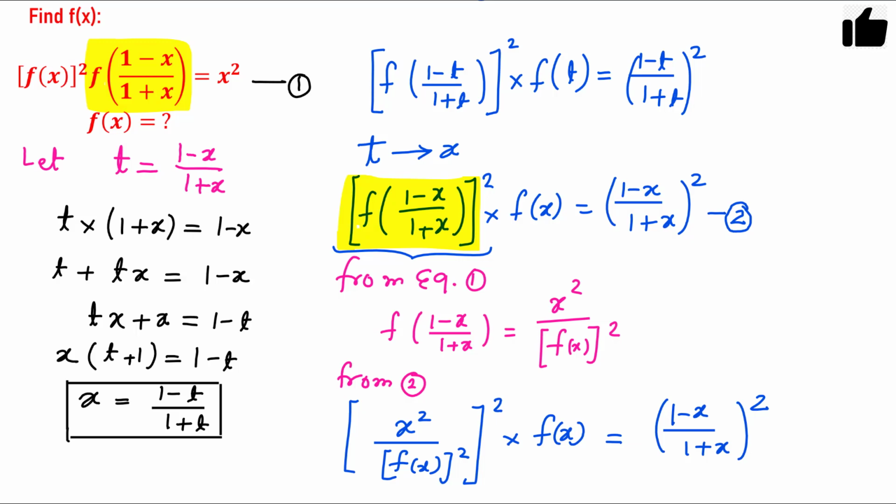So you see, we have eliminated everything. Now this equation has only f(x), so we can solve for f(x) in terms of x.